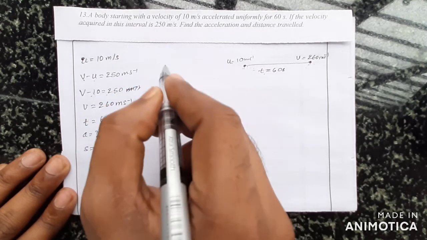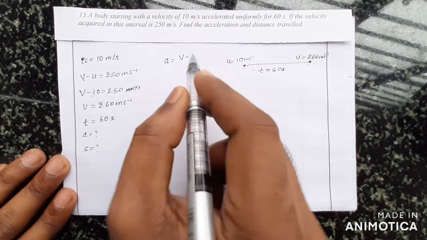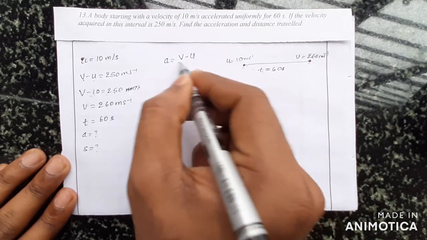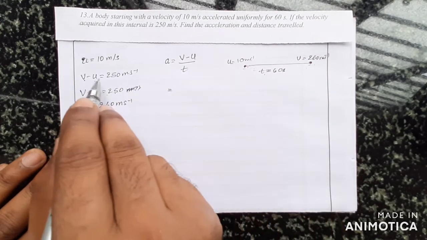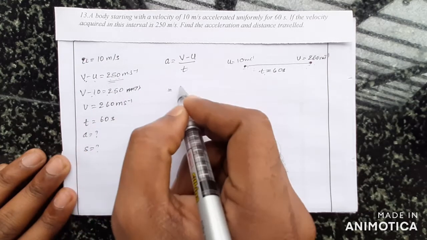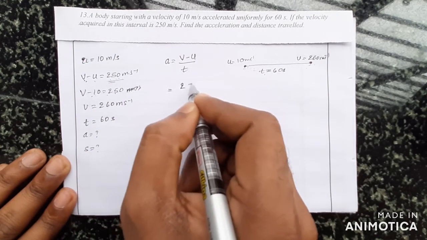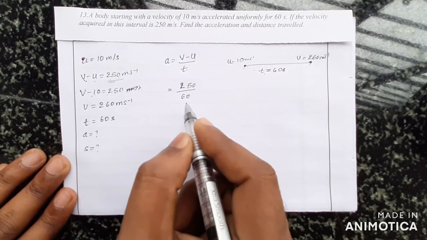Now the formula for acceleration: a is equal to v minus u by t. I can directly put v minus u is equal to 250 here, that is also fine. 250 by time 60 seconds.